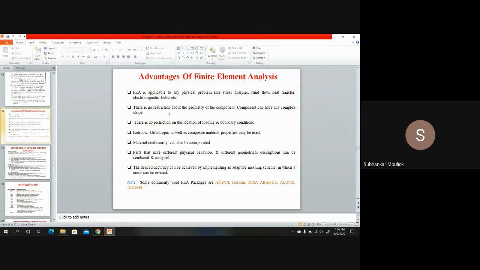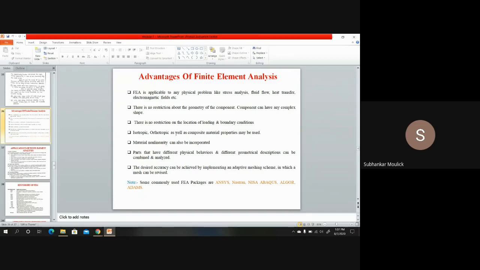There is no restriction about the geometry of the component. A component can have any complex shape. This is also true. We can solve any given component of any shape by discretizing it using different types of elements. There is no restriction on the location of loading and the boundary conditions.